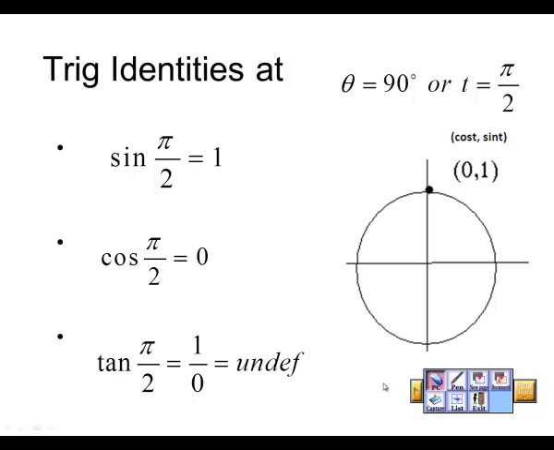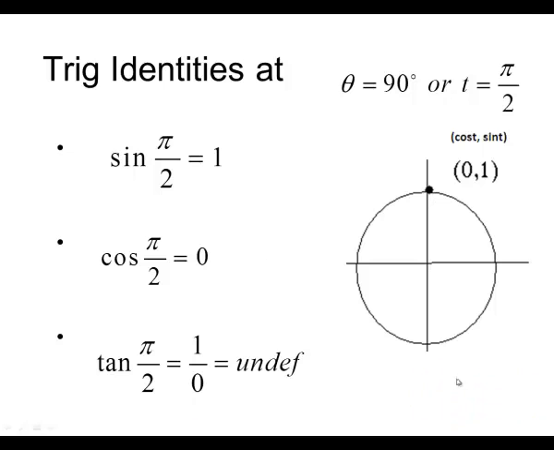Here we have our trig identities. We're looking at theta as 90 degrees, or t as pi over 2 radians. We're just looking at this point right here at (0, 1). So we know that cosine is 0, sine is 1. So sine of pi over 2 is equal to 1. Cosine at pi over 2 is 0.